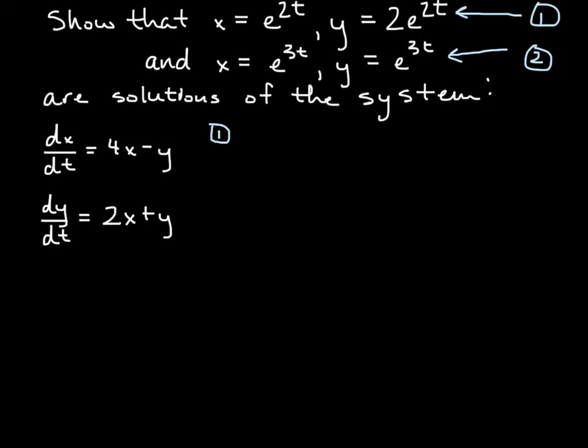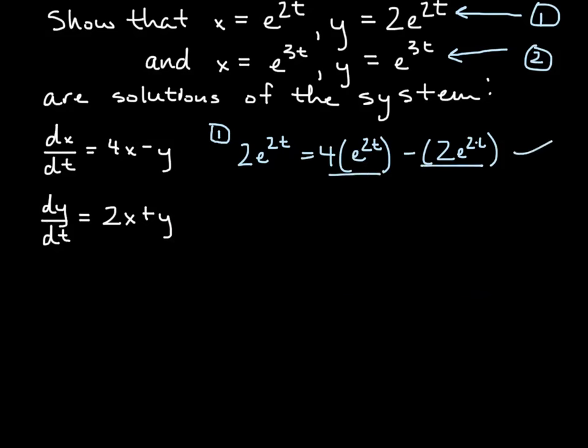So let's look at dx/dt. dx/dt for our first one would be 2e^(2t), if we take the derivative of x, equals 4 times x, which is e^(2t), minus y, which is 2e^(2t). You can see that we have 4 of these minus 2 of these, so that's going to work there. And let's check the dy/dt, still checking the first solution here.